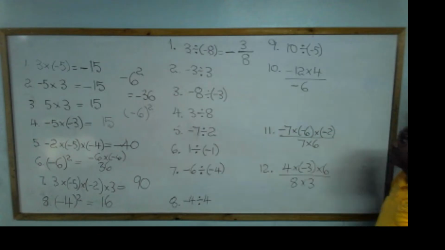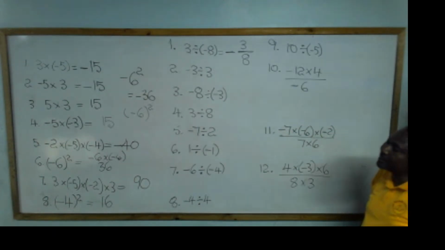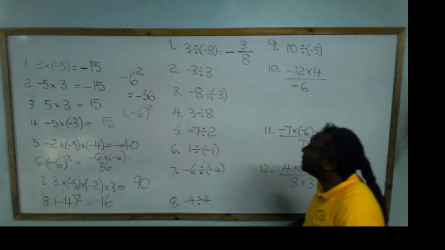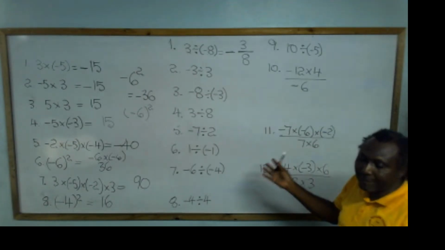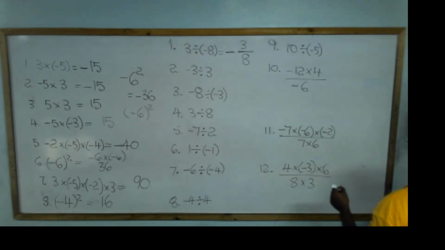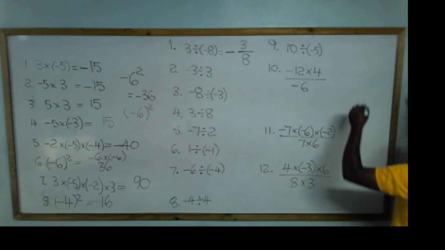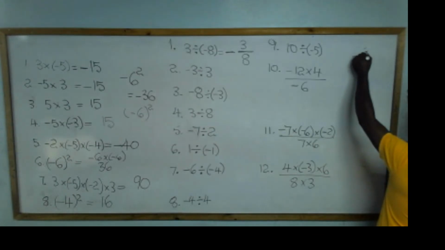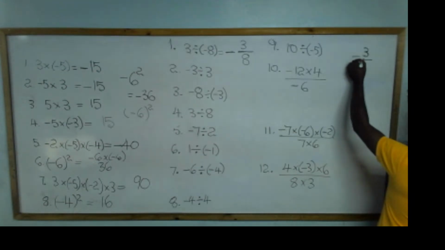Now students, when you are dividing and you have two numbers and they have different signs, for example, you can write an answer like this: -3 over 4.